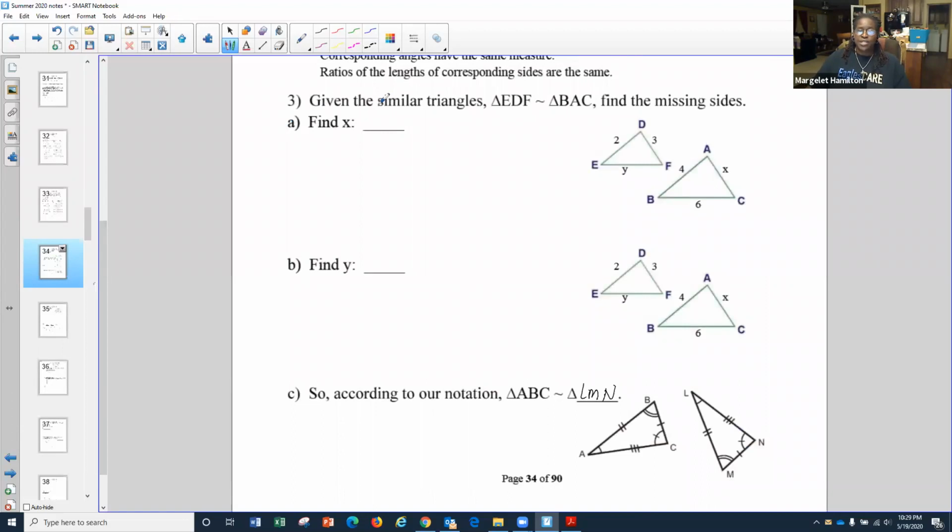It says, given the similar triangles, triangle EDF and triangle BAC, find the missing sides. Here are our triangles, EDF and BAC. They want us to find side X and side Y.